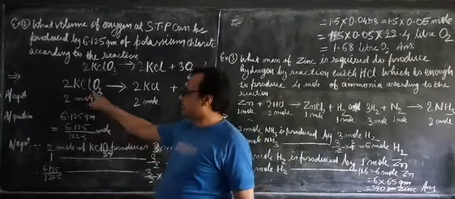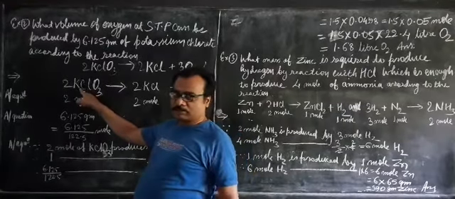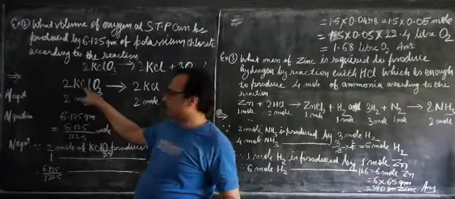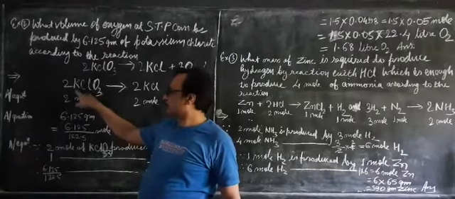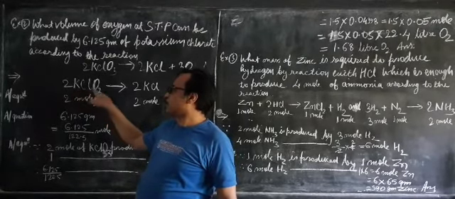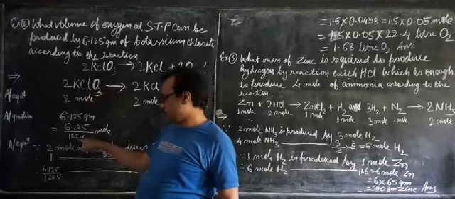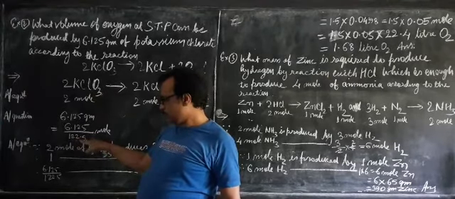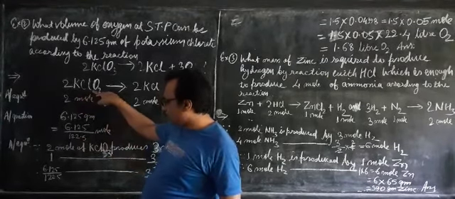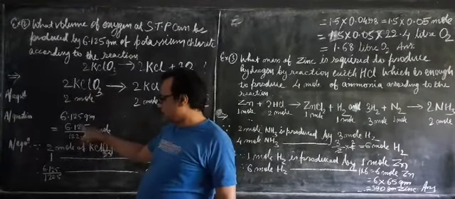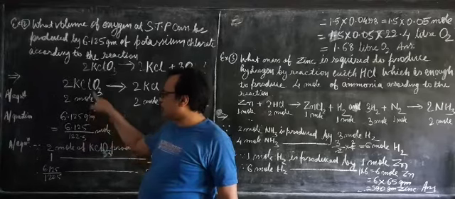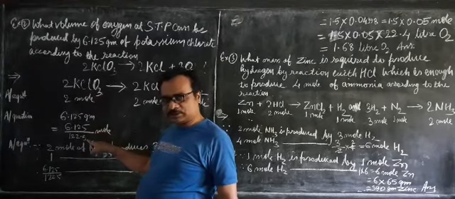Now how to calculate the molar mass? You know that. Add all the atomic masses of potassium, chlorine and oxygen, and you will get 122.5. You can calculate it yourself. So this is the number of moles of potassium chlorate we have got.